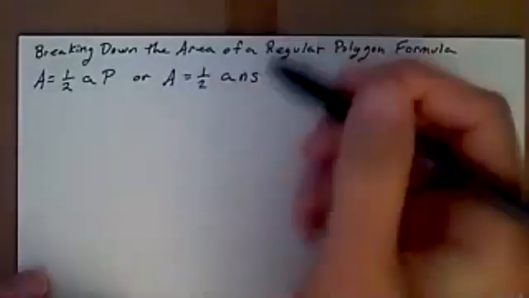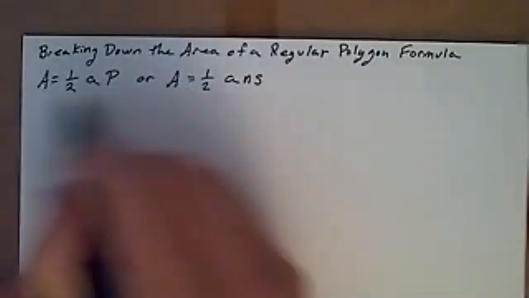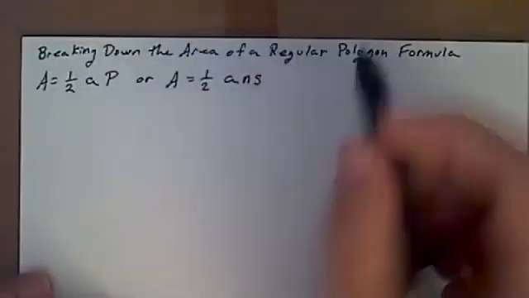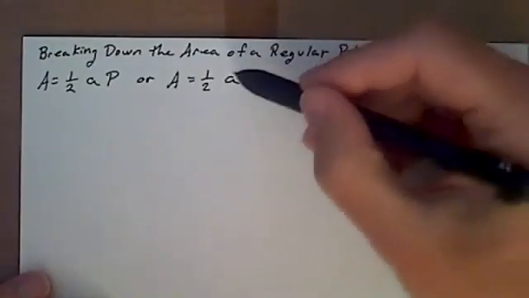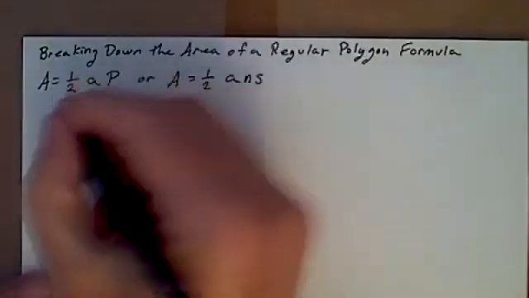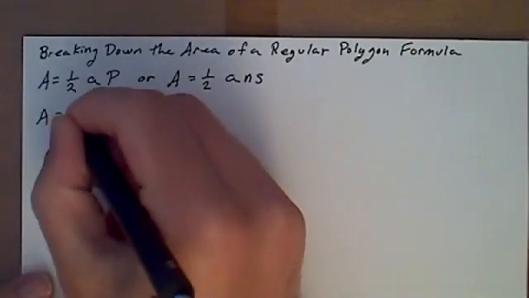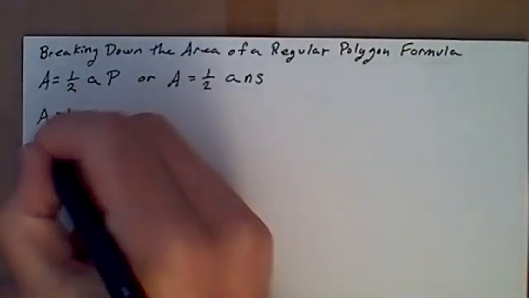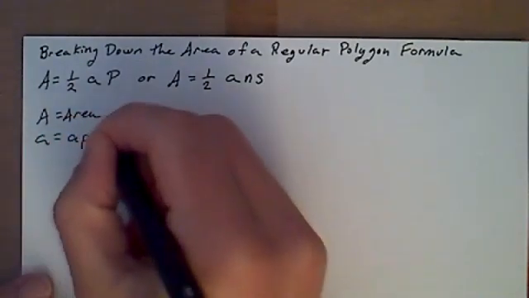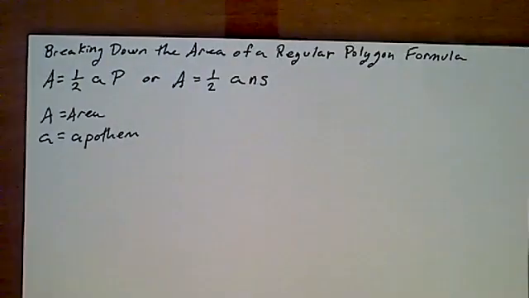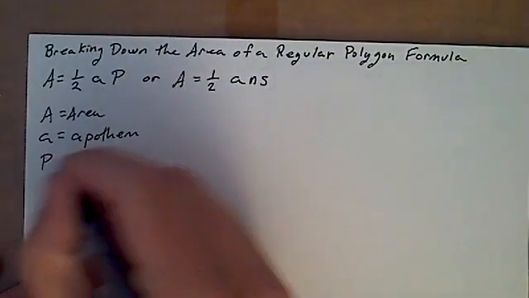So the way that we have looked at it is this first formula, though a different way to look at it would be the second, and I've mentioned that before as well. The big A is for area, the little a is apothem, and P for perimeter.